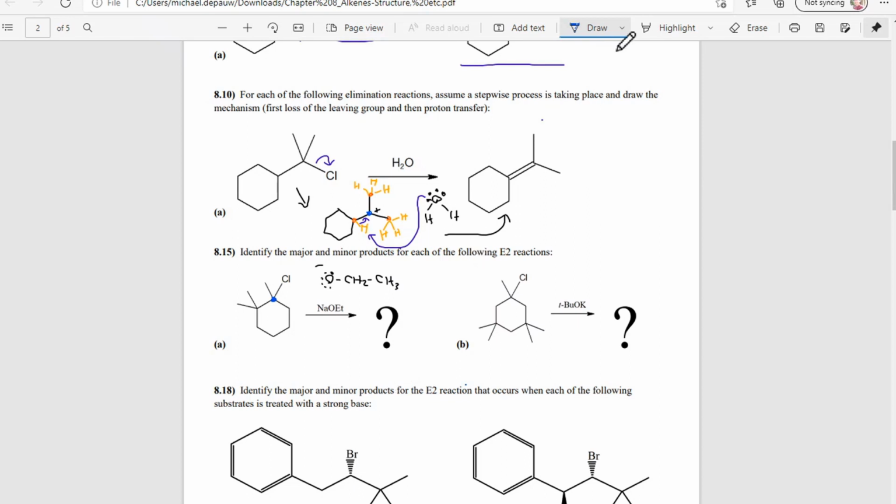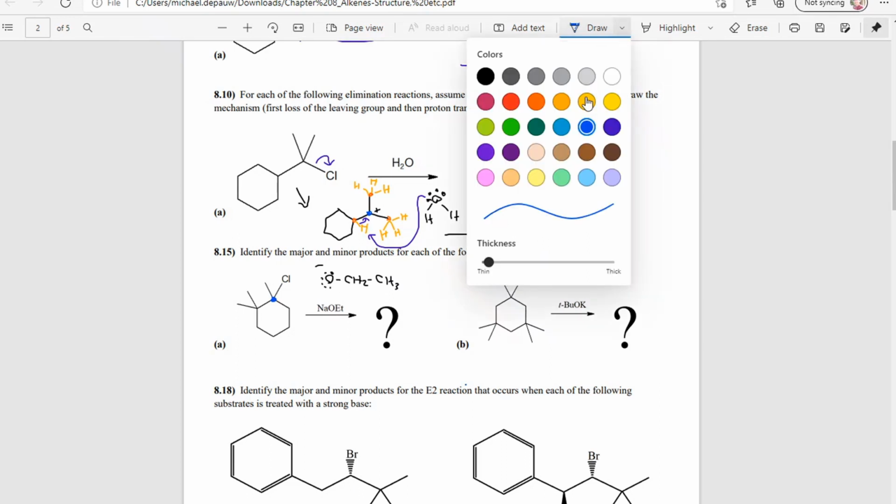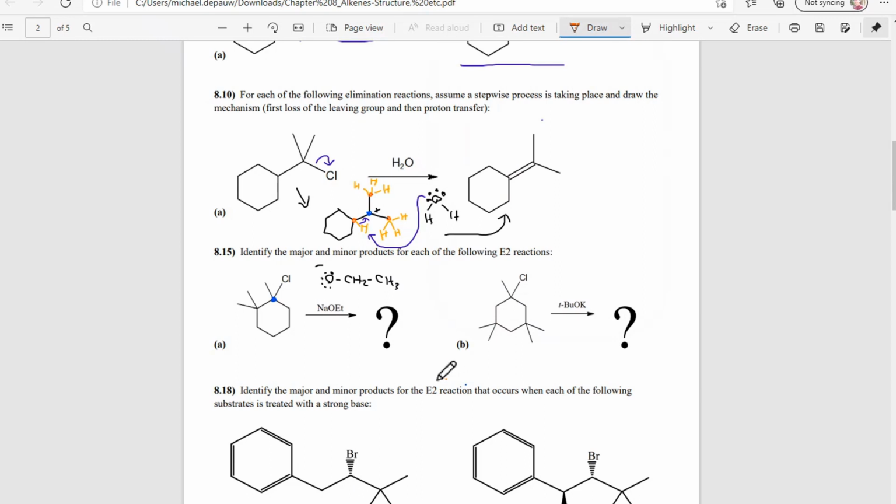Before we can decide that, we have to look at what our beta carbons are. You have 3 beta carbons in various forms of substitution. So I have one here, one here, and one here.